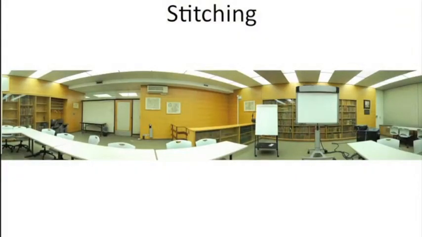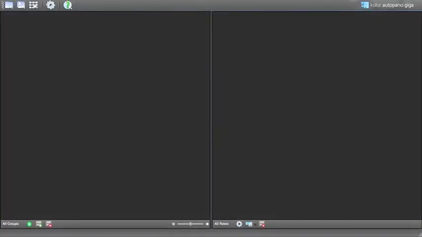After we're done with photography and we have all of our images, then the next step is to stitch them all together. In order to stitch your photos together into one seamless panoramic image, you're going to need some software. Now, if you own Photoshop, it does have a photo merge option under the file menu that you could use to do the stitching.